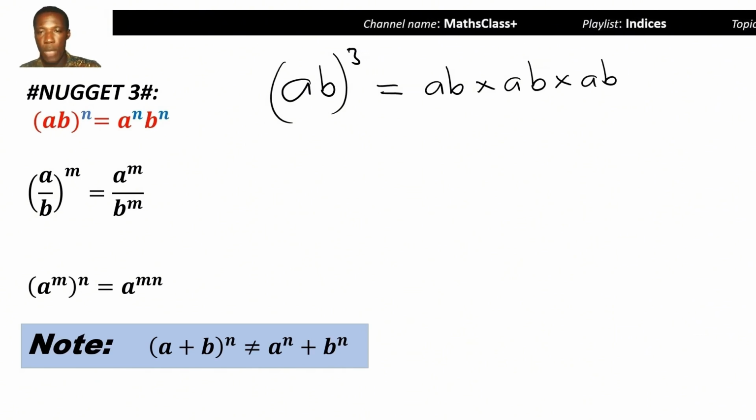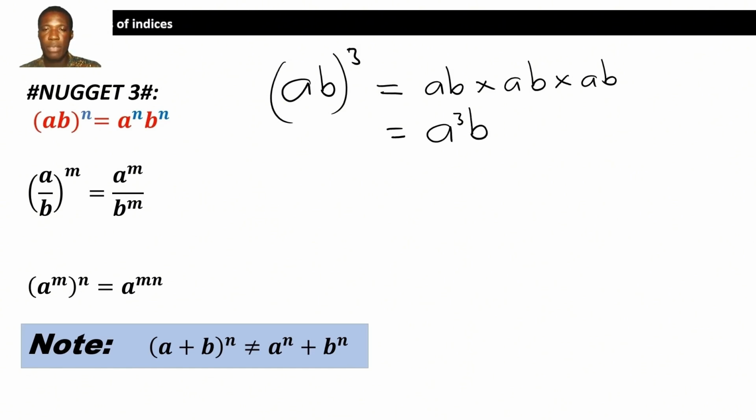So when I'm multiplying, I take the base to multiply itself 3 times, and the base is ab. Now when I do this multiplication, a will multiply itself 3 times, giving me a to the power 3, and b will also multiply itself 3 times, giving me b to the power 3. I hope you agree. Good.